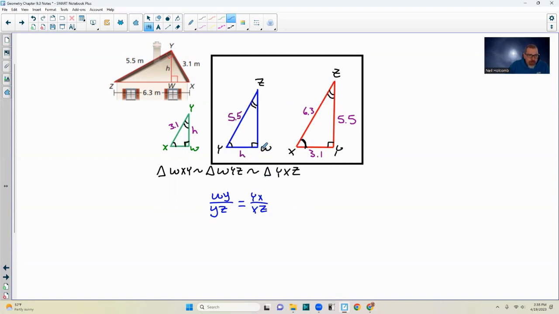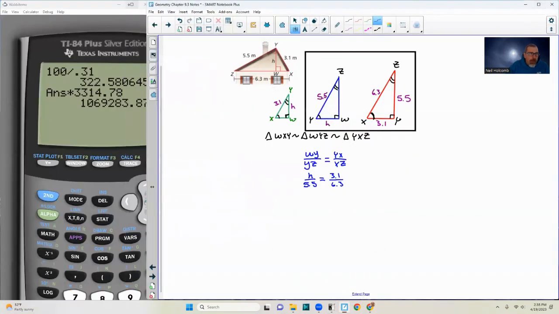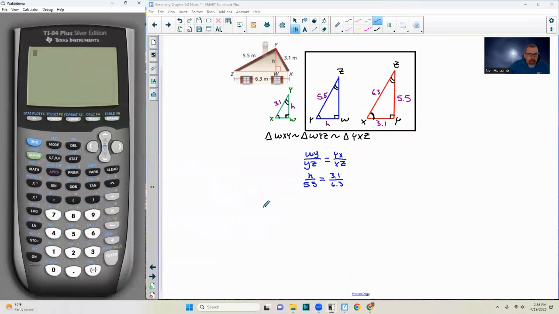Now we substitute our givens. WY is H. YZ is 5.5. And that has to equal YX, which is 3.1, over XZ, which is 6.3. So when I get my calculator out, okay, I'm going to cross multiply and I'm going to get 6.3H equals 5.5 times 3.1.